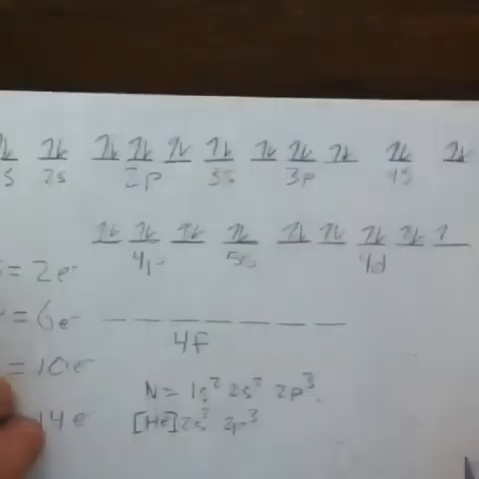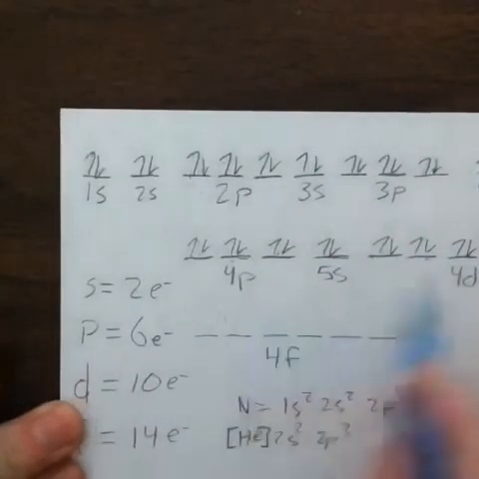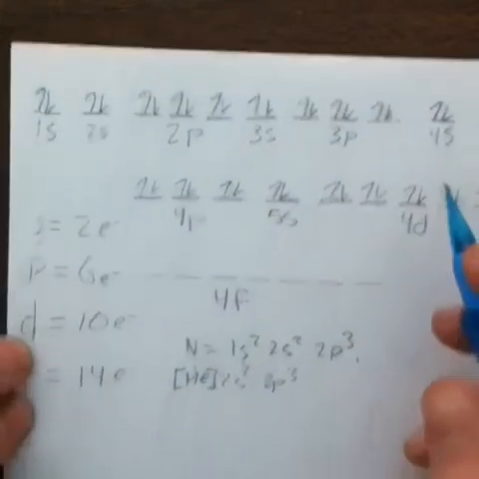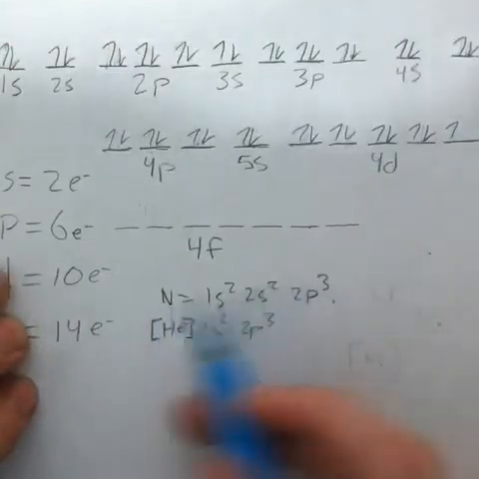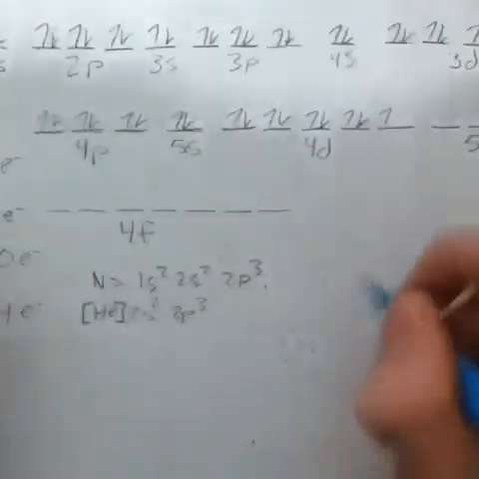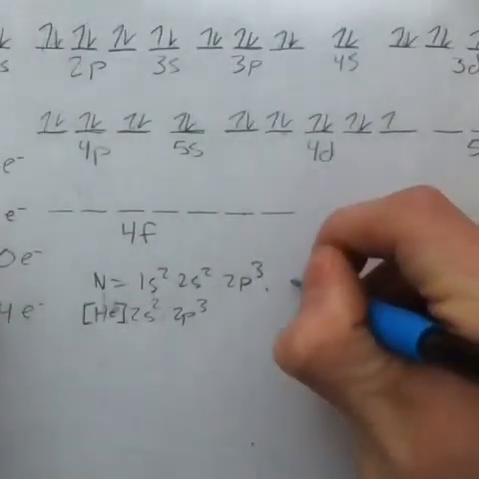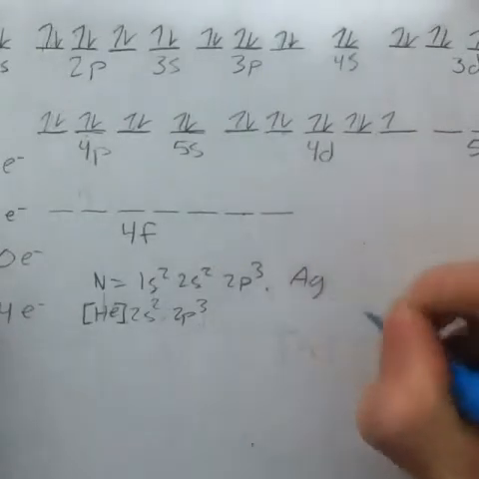So you can see why, after doing silver, you don't write it out this way, but you would rather write it out one of these ways. And then even for larger elements, you wouldn't want to write it out that way because that's forever long. And I will show you that. So the abbreviation for silver is Ag.